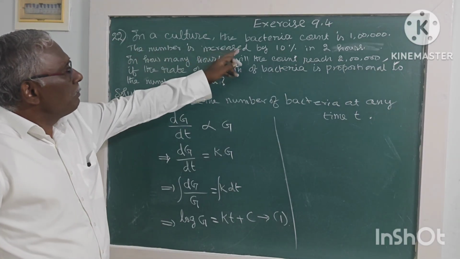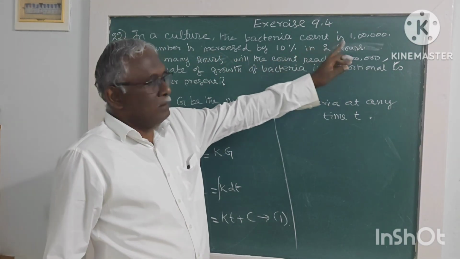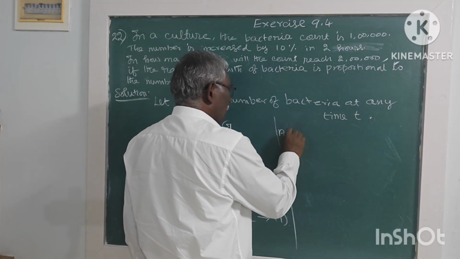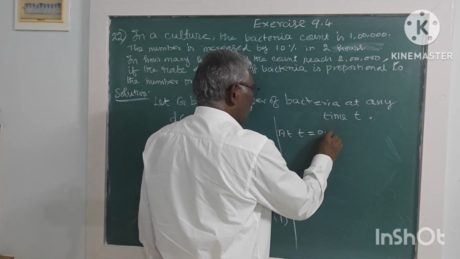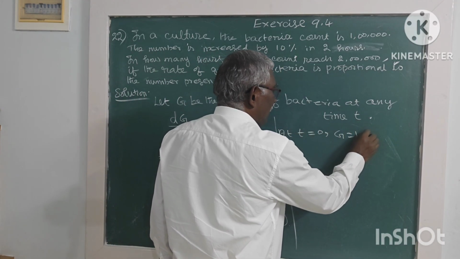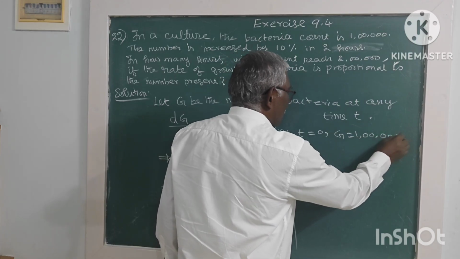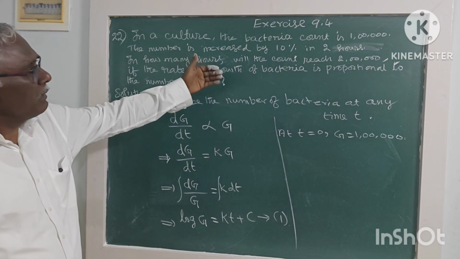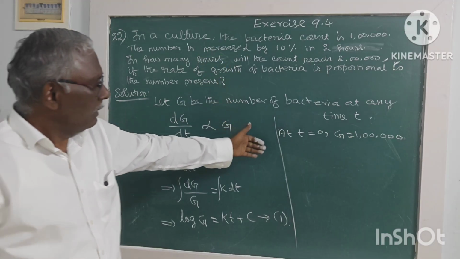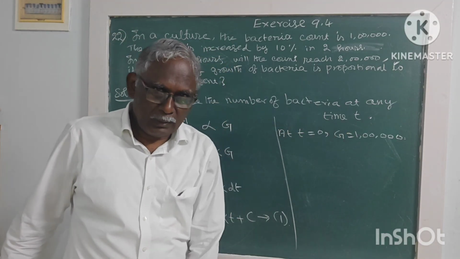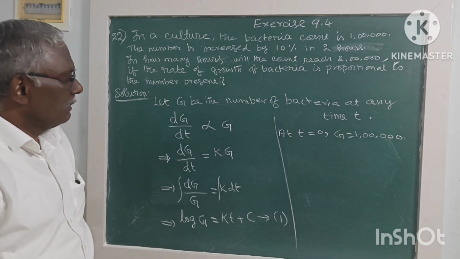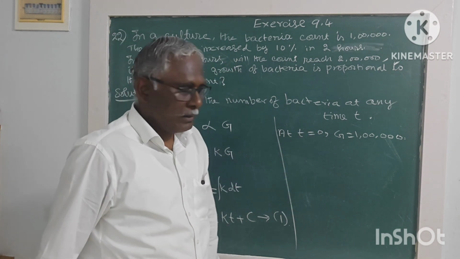In a culture, the bacteria count is 1 lakh, that is, at t is equal to 0, G is equal to 1 lakh. The number increased by 10% in 2 hours.